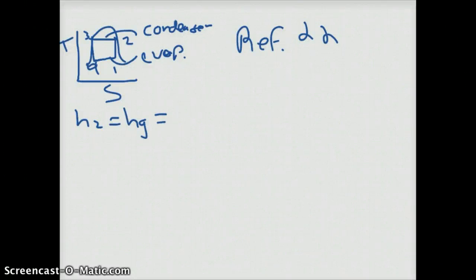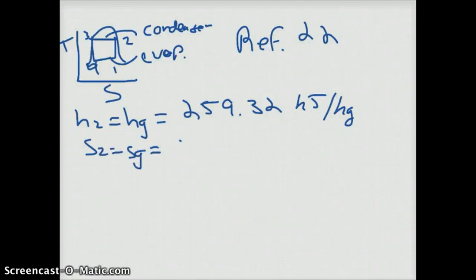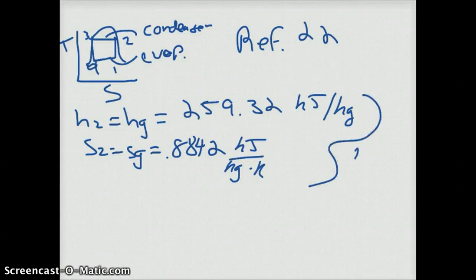And since we are given our temperature at that point, we have there our H2 equals 259.32 kilojoules per kilogram, and that our S2 is equal to 4 times K. And again, this is evaluated at 32 degrees Celsius.